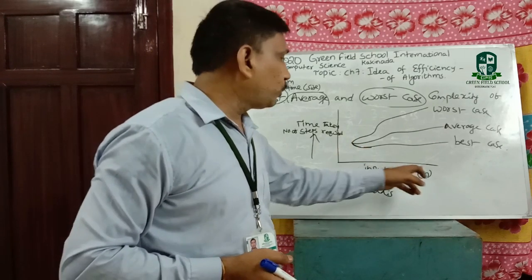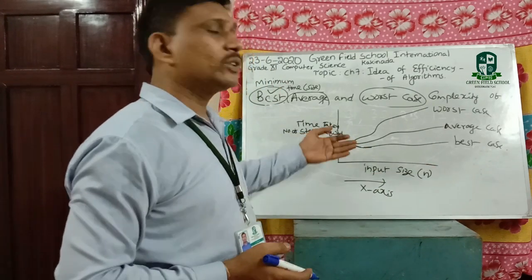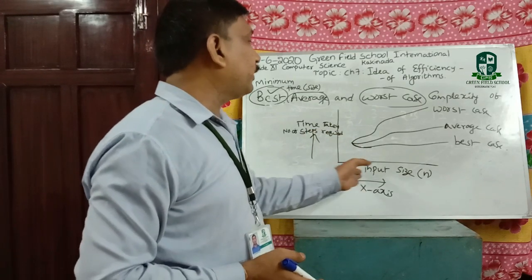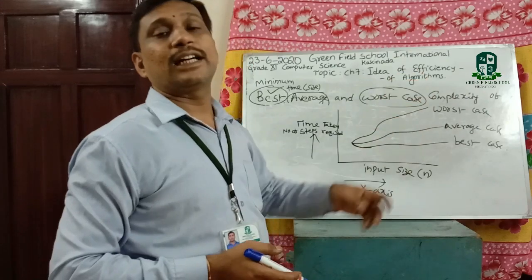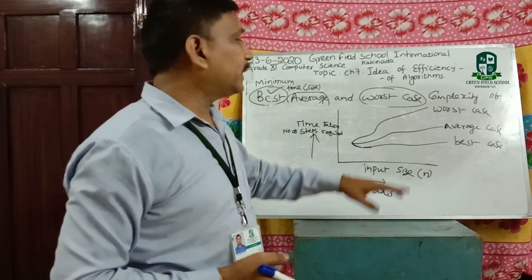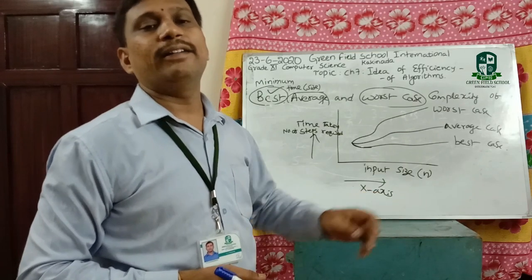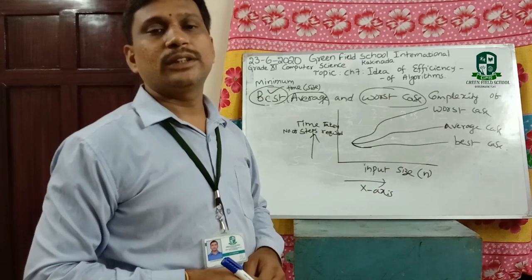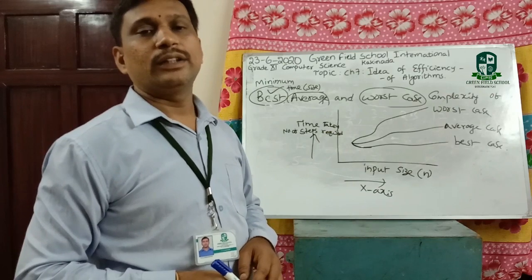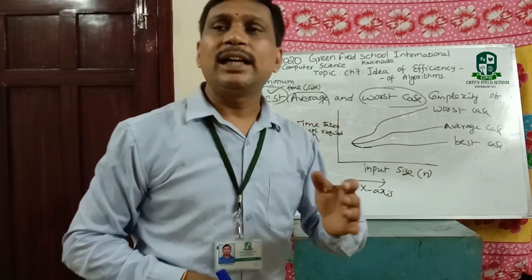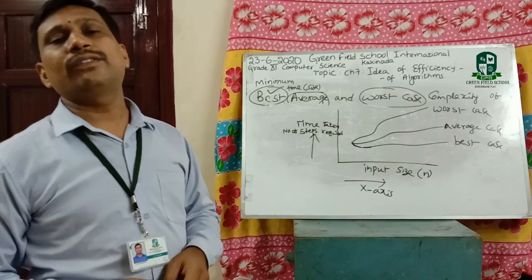When our input size increases, the best case time taken stays minimum, but the worst case complexity increases. For the average case, the time taken is average. In this way we calculate best case, average case and worst case complexity of algorithms.